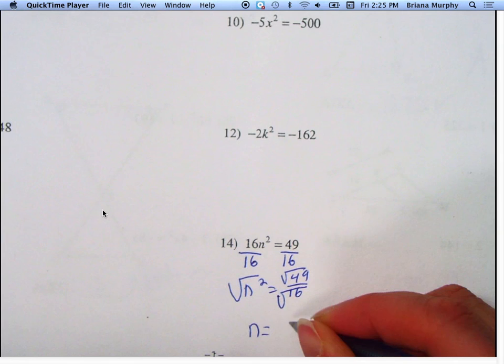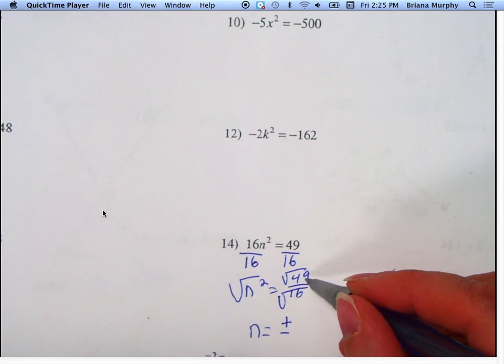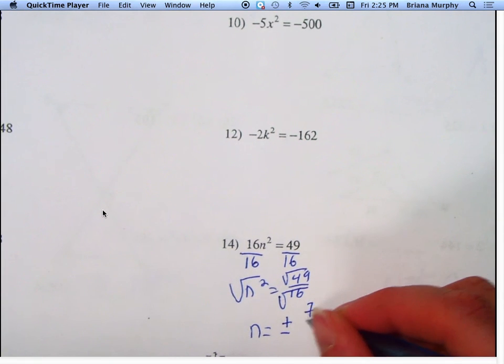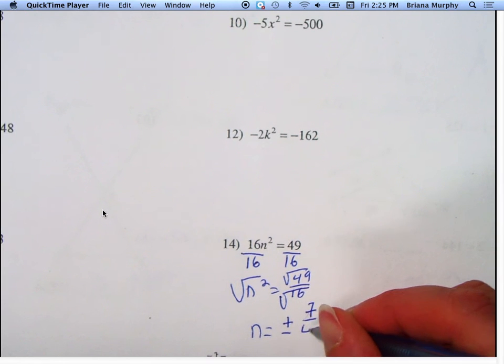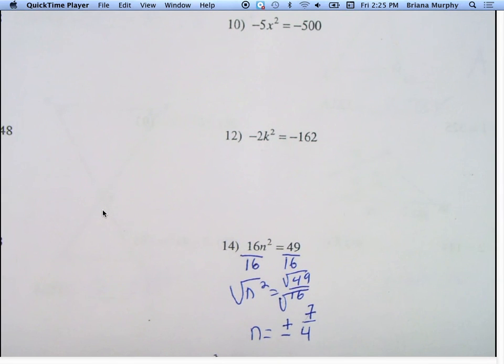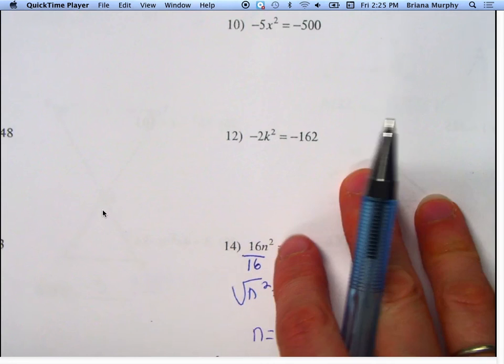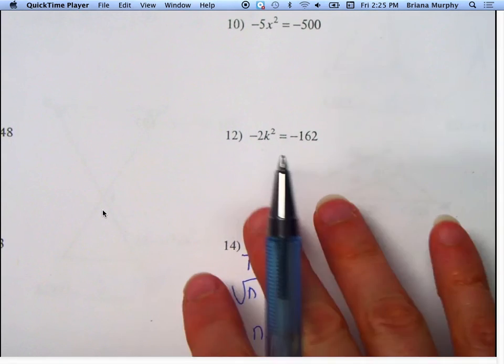So n equals plus or minus the square root of 49 is 7, the square root of 16 is. Done. Wait, I thought we would square root the whole thing. We'll just do each one separately. And don't divide first if they're perfect squares. That's just going to mess you up.